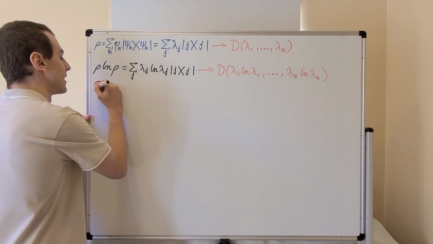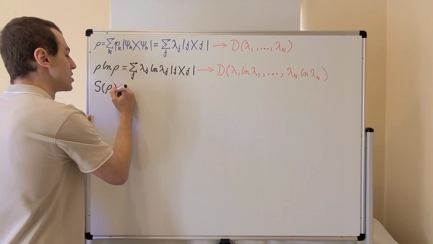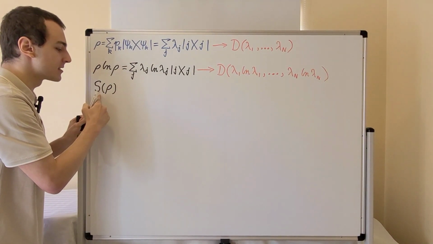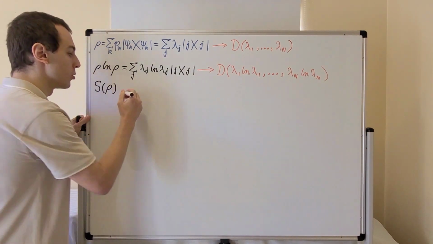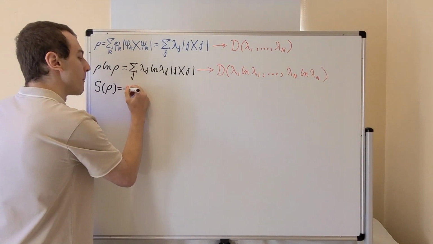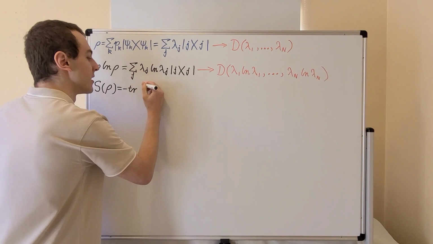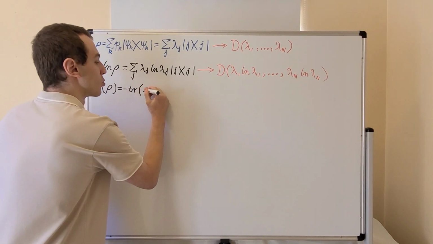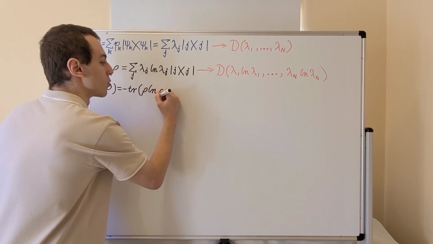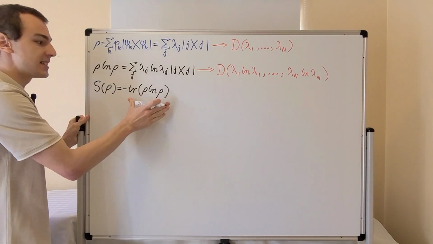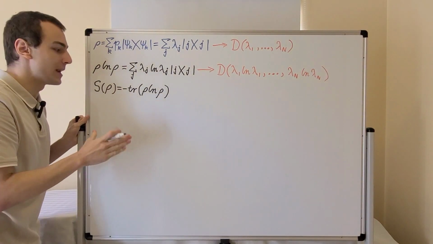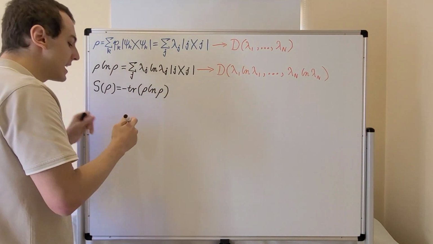as S of rho. So the von Neumann entropy, S, of the density operator rho is defined as minus the trace of this quantity, rho log rho. So this is our definition for the von Neumann entropy. And what is this going to be equal to?